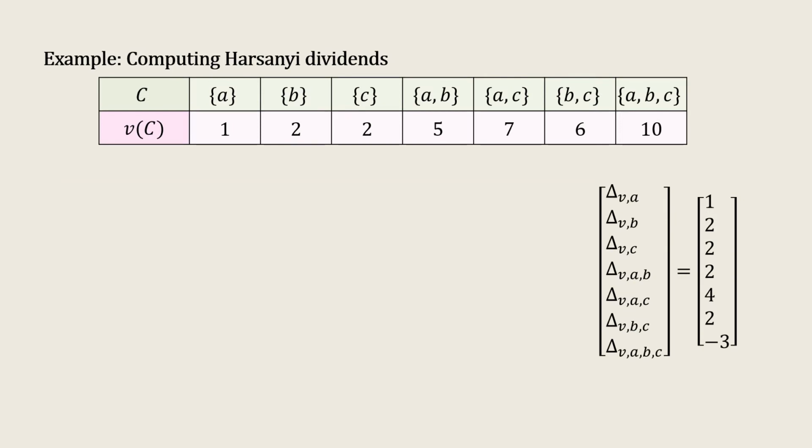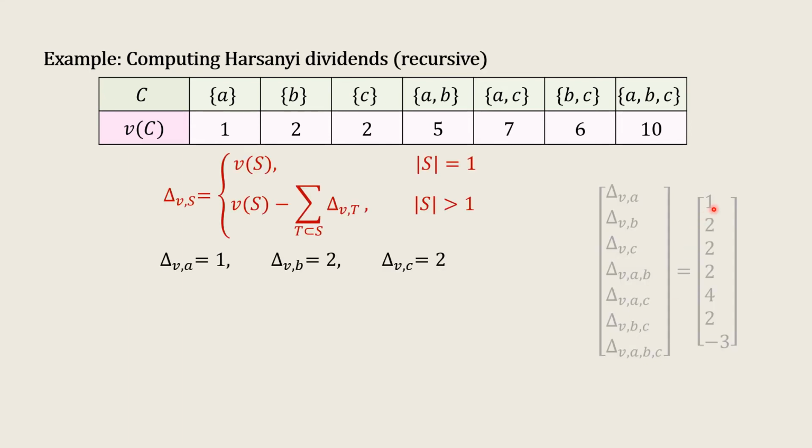Now, let's take up our example. We already know that these are the values of the Harsanyi dividends that we computed directly. So we'll keep these deltas that we have pre-computed earlier here, and then we'll try to apply the recursive expression first. Let's consider when S has a cardinality of 1. So what are the possible S's?